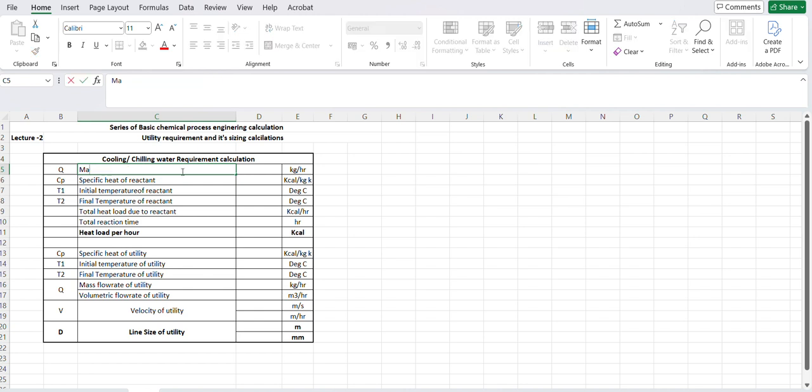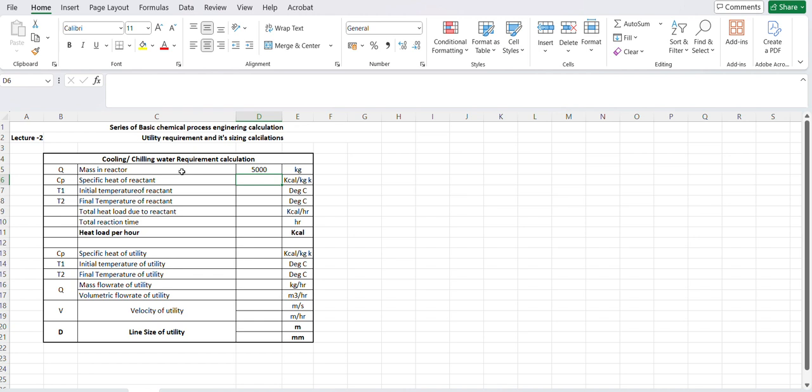Okay, first, the required mass in the reactor. We consider this mass as 5000 kg per hour. Then the specific heat of the reactant.